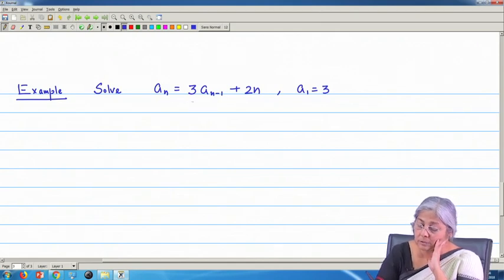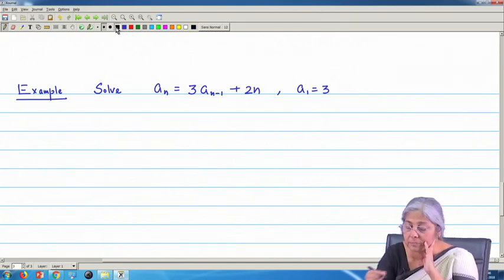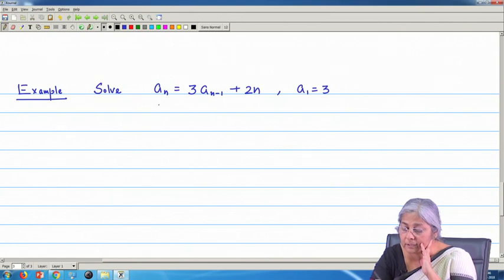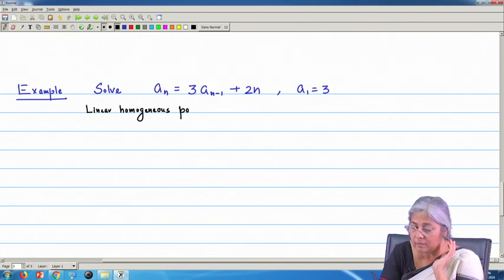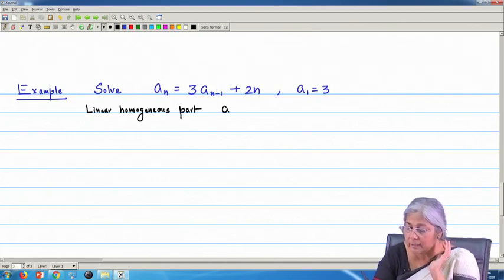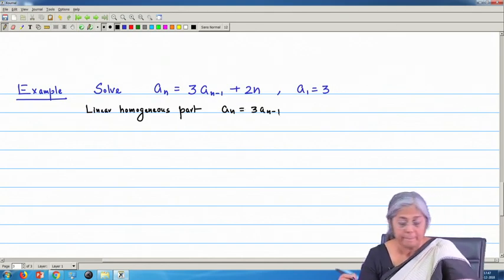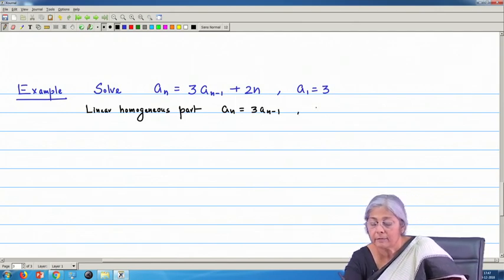So, the linear homogeneous part I can write as a n equal to 3 a n minus 1, and the f n, the function of n, is 2n.